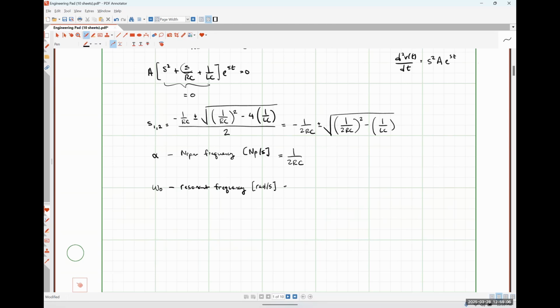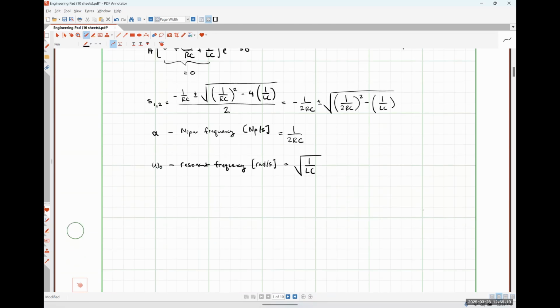So mathematically, our resonant frequency is just going to be 1 over the square root of LC in this case. So what that allows me to do is to express those natural frequencies of S1 and S2 in terms of my Neper frequency and my resonant frequency.